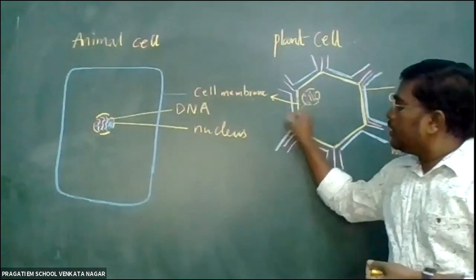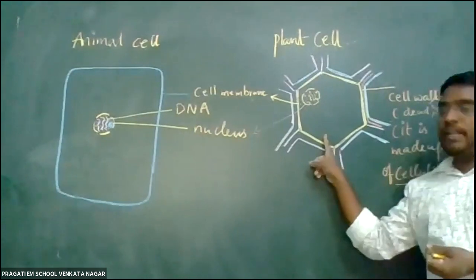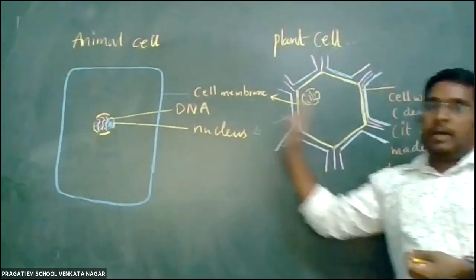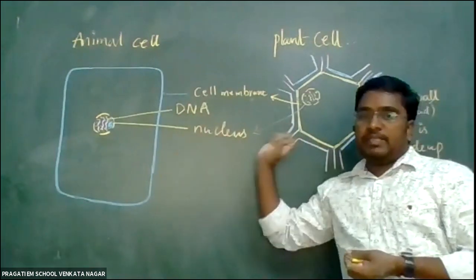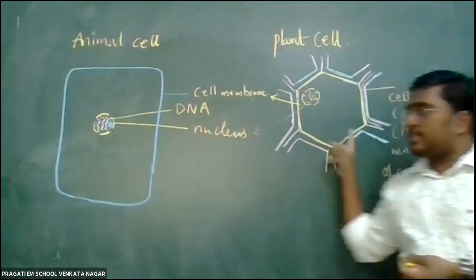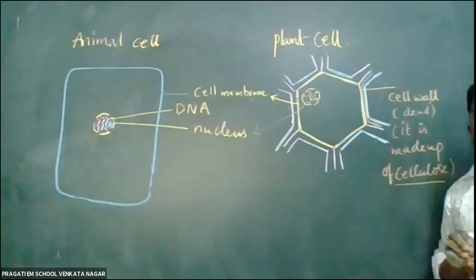So the nucleus is present in both cells. This is the similarity between plant cell and animal cells.